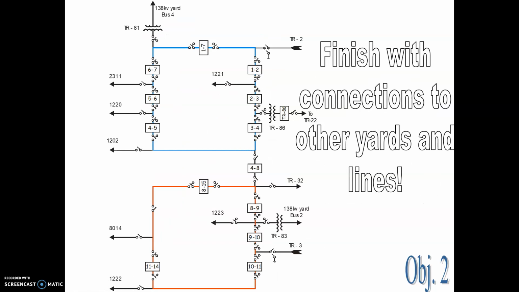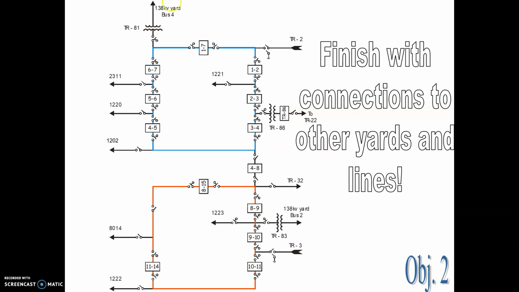The last part of our drawing is to add in the connections to the other switch yards as well as the lines that we feed. You'll notice, as we talked about previously, transformer 81 is on the blue bus and it feeds 138 kV switchyard bus 4, again illustrating the thumb rule of 5.